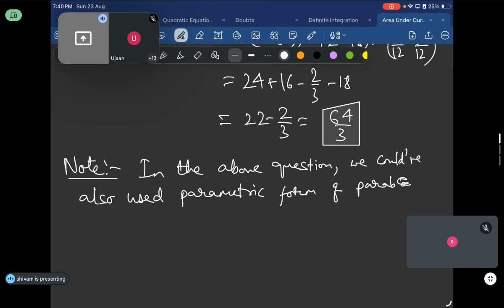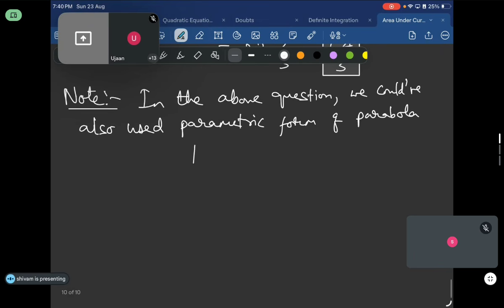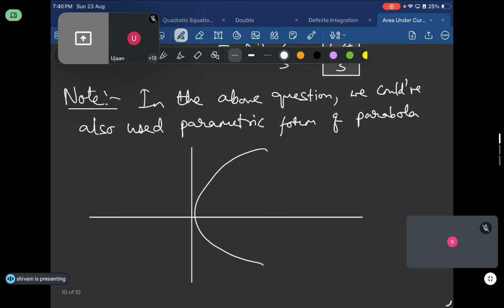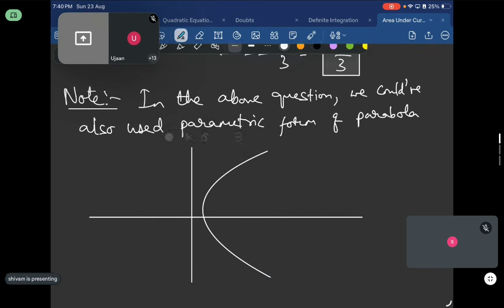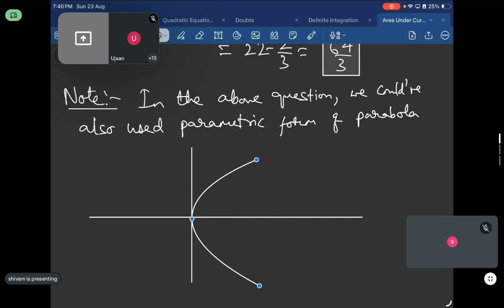But I know many people have forgotten. Over here, the parametric form will be equal to at square comma 2at. You people know, right? But over here, you can take it as t square comma 2t.